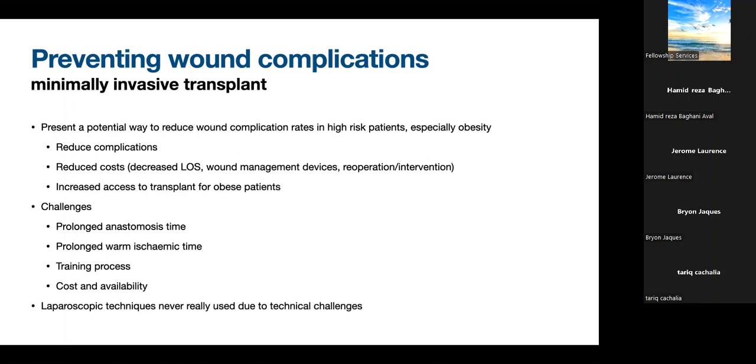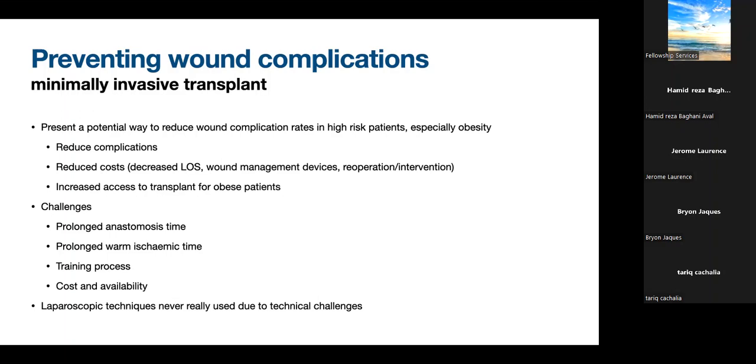There are some challenges using minimally invasive approaches for transplantation, including prolonged anastomotic time, prolonged warm ischemic time, the training process to be able to do these procedures, and also the cost and availability.